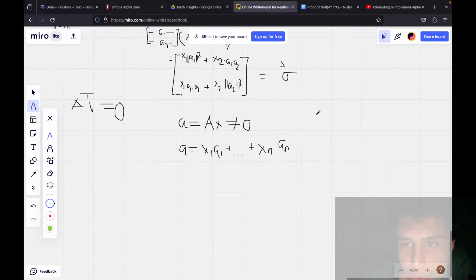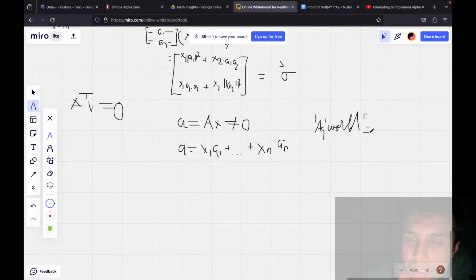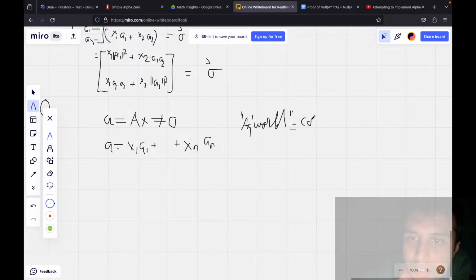In fact, I'm going to introduce this thing called A's world, which is the column span of A, equal to the span of a1 dot dot dot an.